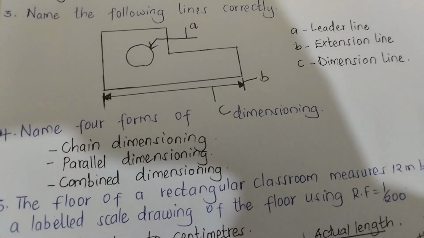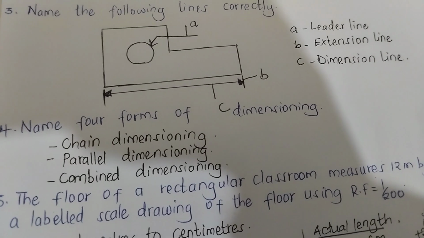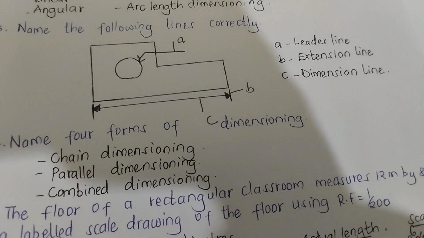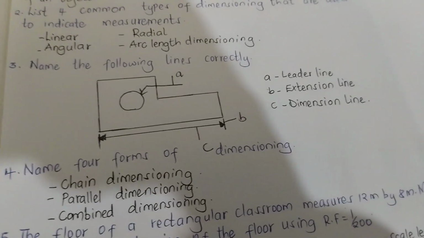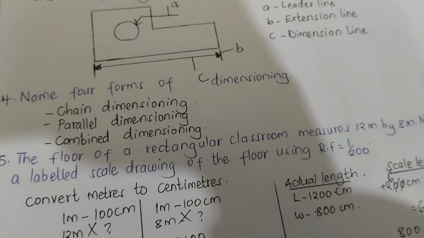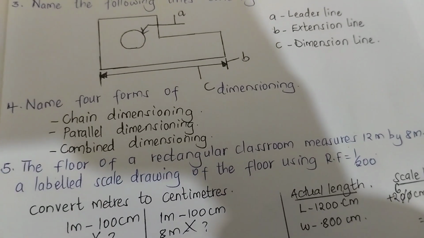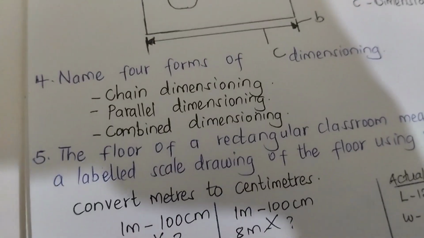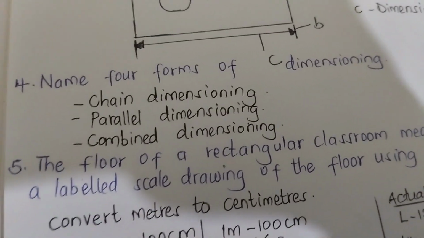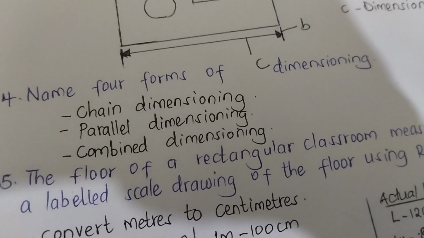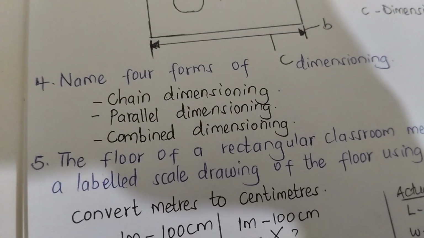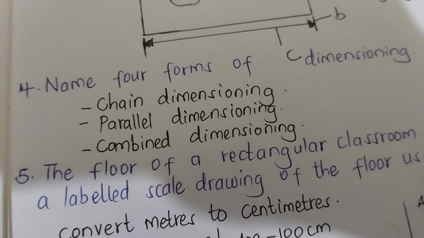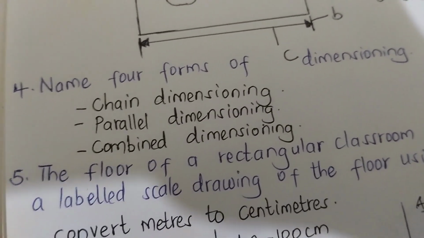Question 4 reads, name 4 forms of dimensioning. Remember, the other question was reading types of dimensioning, and this one reads forms of dimensioning. So for the forms of dimensioning, we've got chain dimensioning, parallel dimensioning, and combined dimensioning. In chain dimensioning, the dimension lines are placed one after another in a sequence.